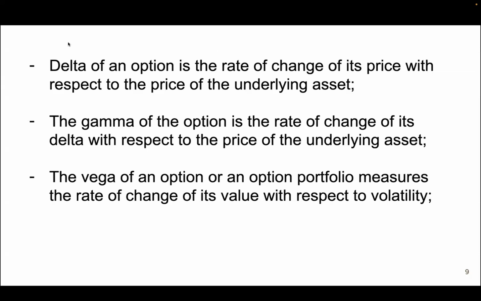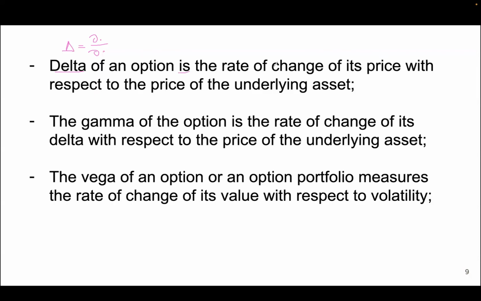Delta is the rate of change of option price with respect to the price of the underlying asset. So what is the derivative? D, and with respect to D, what do I need to write? Delta is the rate of change of its price.